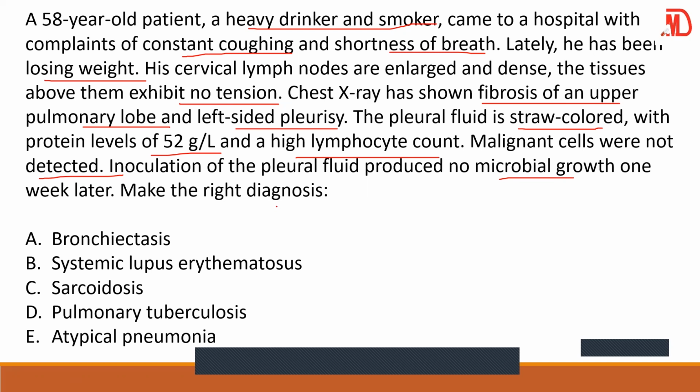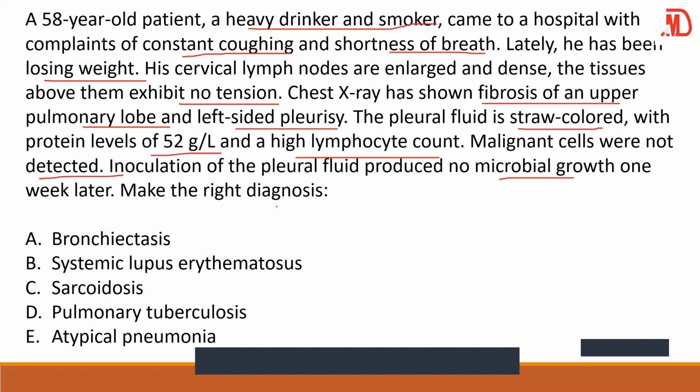And again, anytime they talk about protein levels in the pleural fluid, we have to think of exudate and transudate. Now, if the protein level in the pleural fluid is greater than 35 grams per liter, we say we have an exudate. If it's less than that, we say we have a transudate.